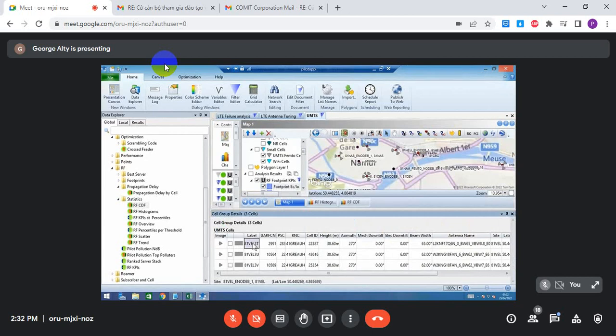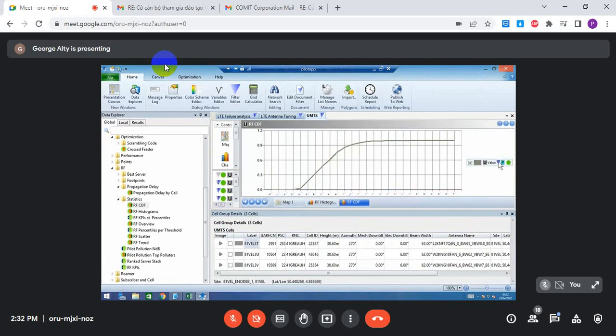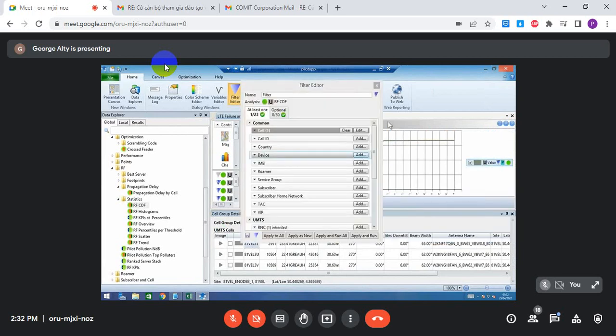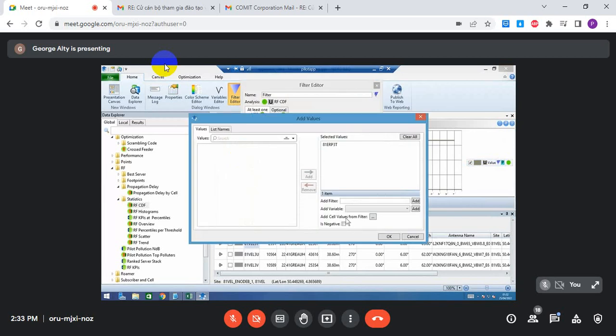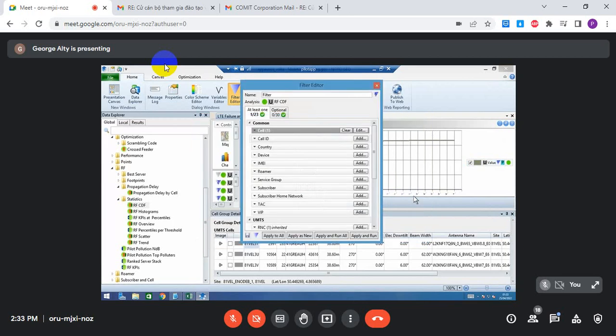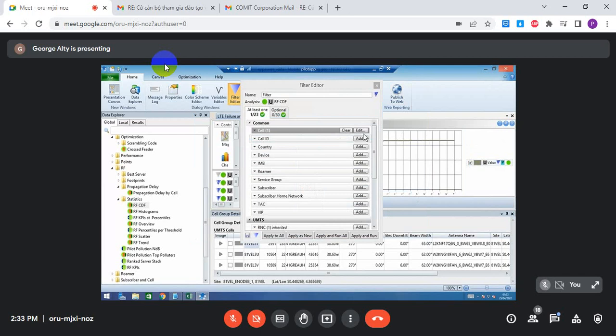Same frequency. And using the edit function and the add filter, I'm going to add the new cell. I just happen to have picked the same cell. Let me go back to this.